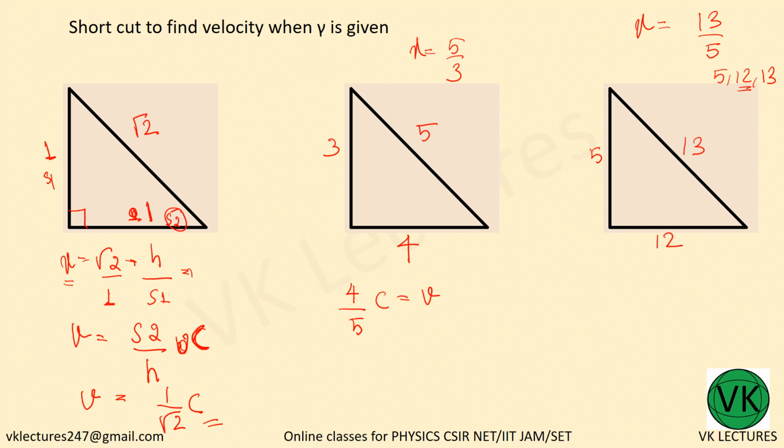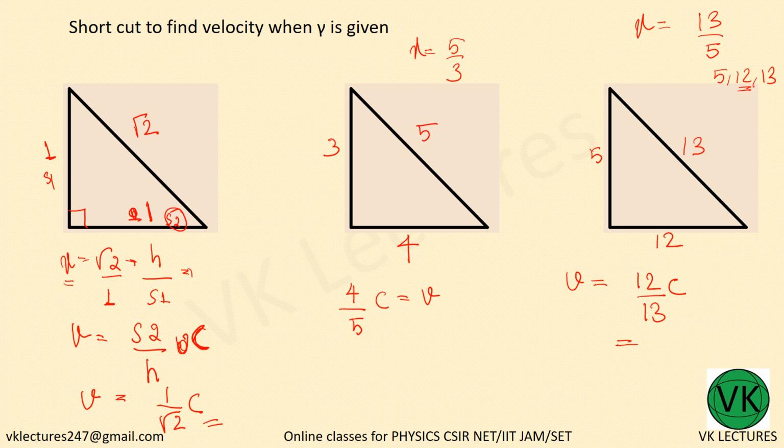So what is the speed of the particle? V is equal to 12, that is the other side, divided by 13, into c. So this is the speed of the particle which is moving when gamma is equal to 13 by 5.